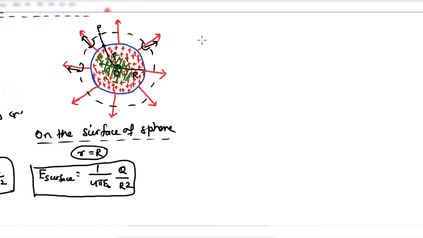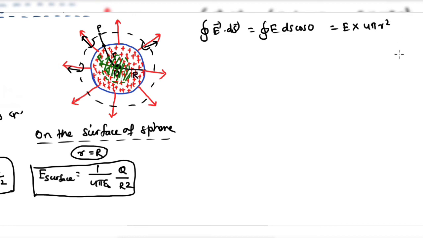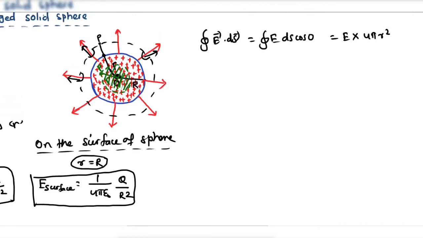Is that clear? So if you find this value E dot ds integration, then that will be equal to E ds cos 0 closed surface integration, that is equal to E into 4 pi r square, but the net charge inside this Gaussian sphere is not 0.